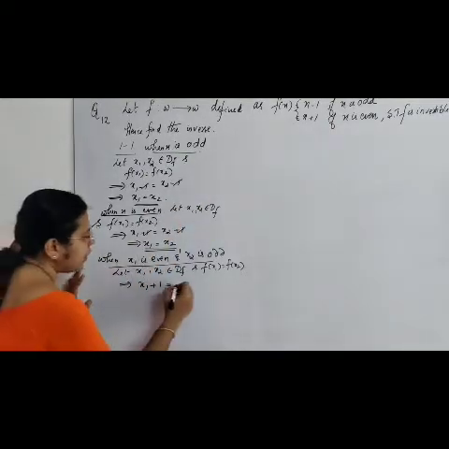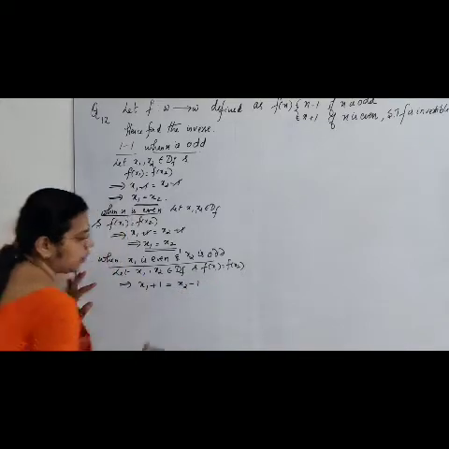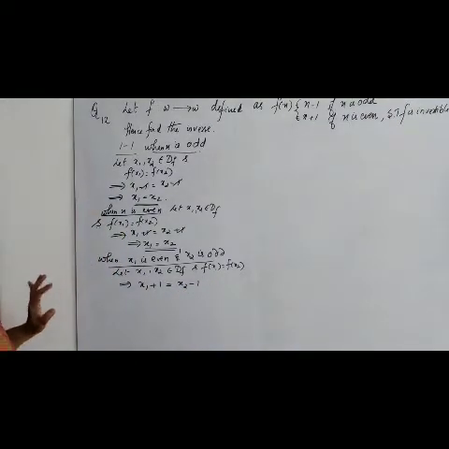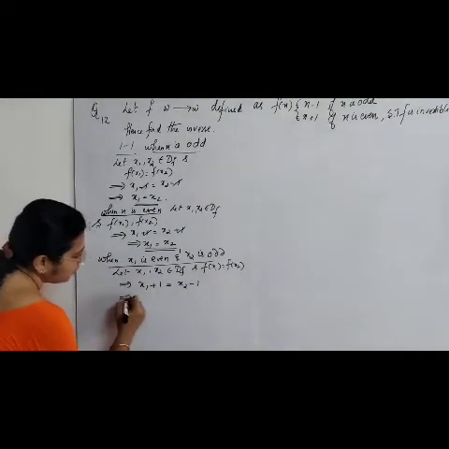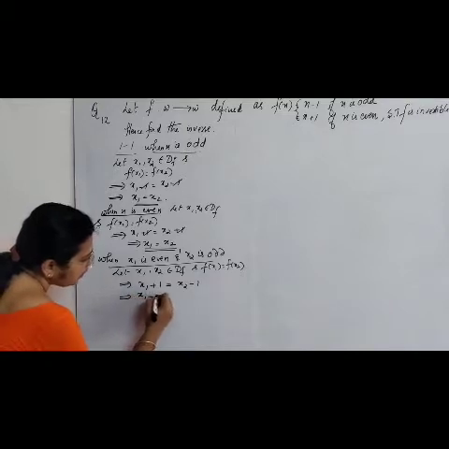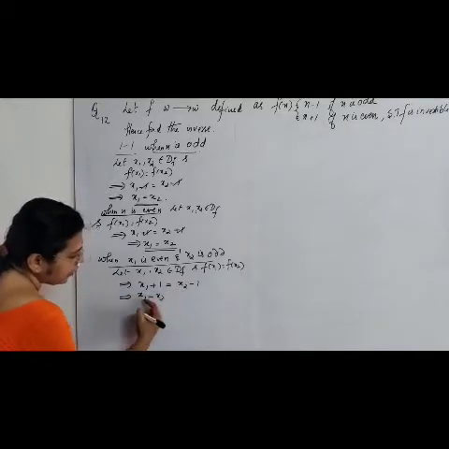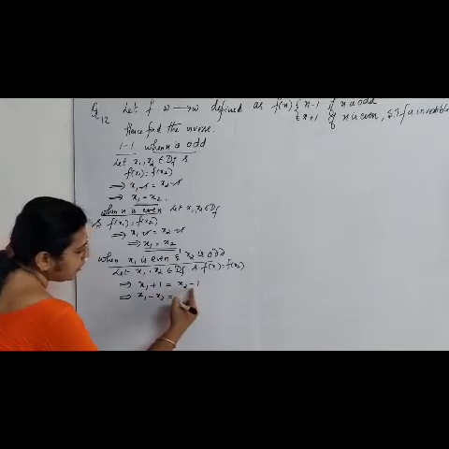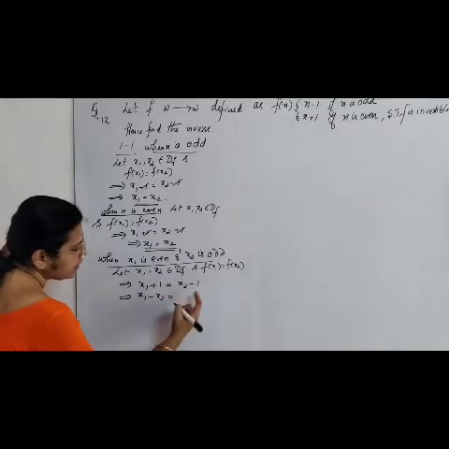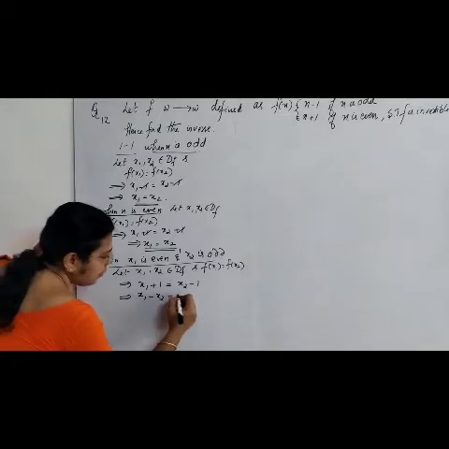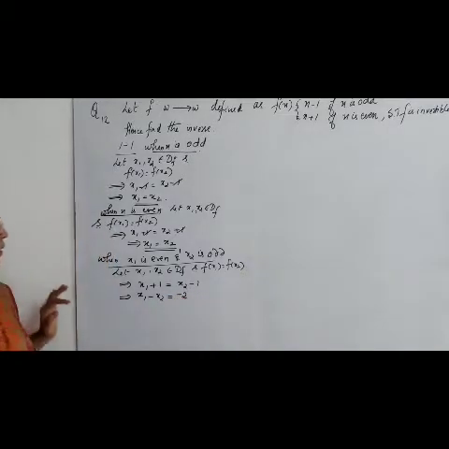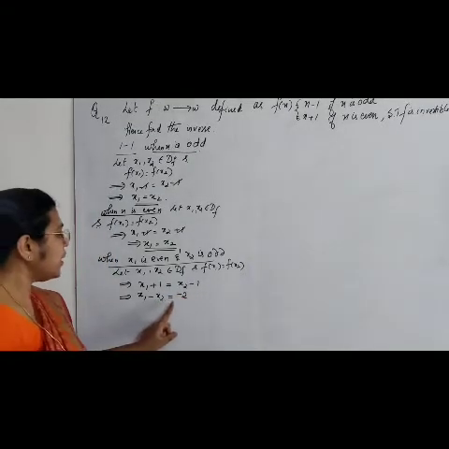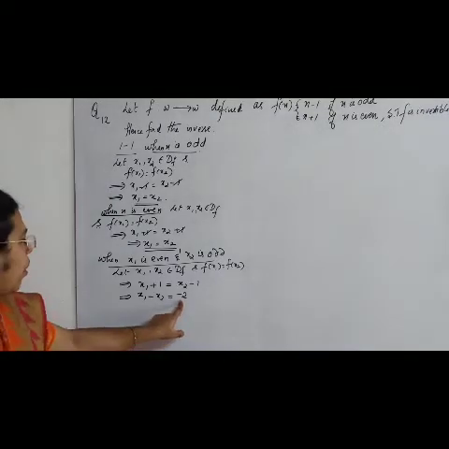Bringing x2 to this side and the 1 to the other, x1 - x2 = -2.